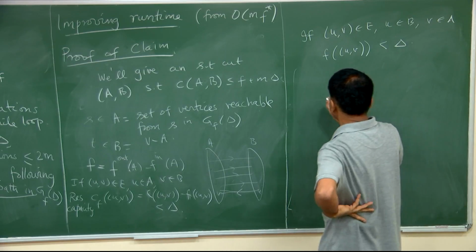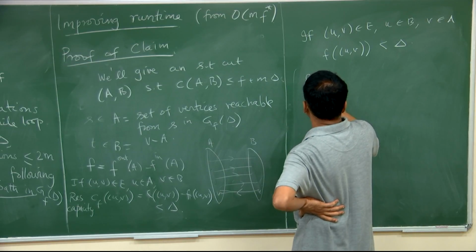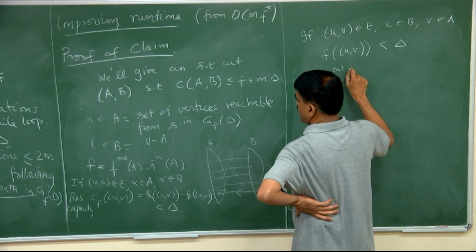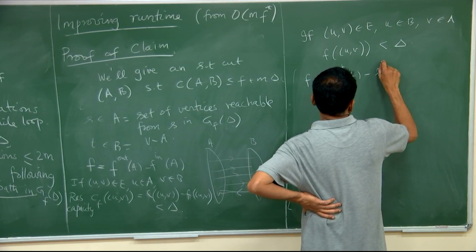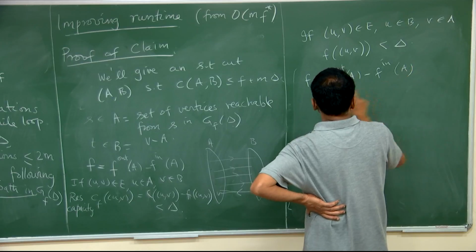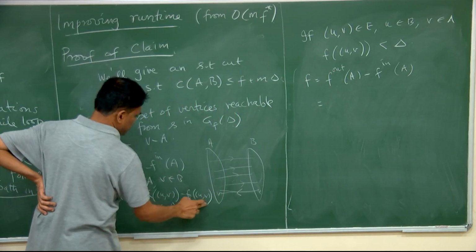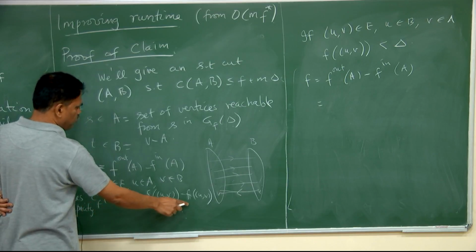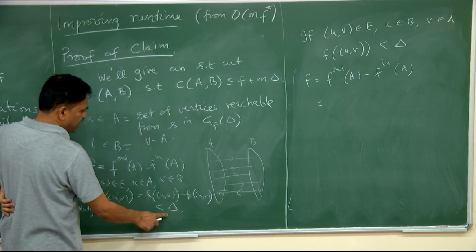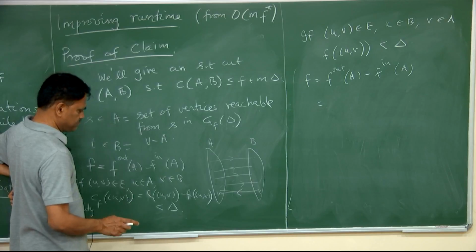So F, which is equal to F out of A minus F in of A, is equal to, what do we know about F out of A? For every such edge, its flow is greater than capacity minus delta, right?